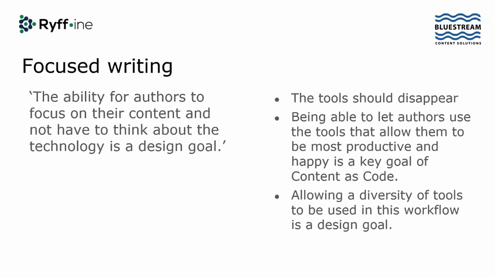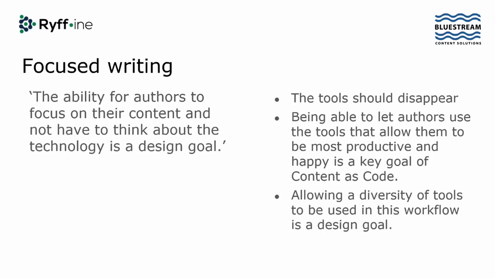We want to spend our time writing content and not dealing with the tools, and that's where the CMS actually has the advantage. If you do this right, the CMS is there to make writers more productive. It's there to make writers automate a lot of things that they would normally manually have to do. It's there to allow them to focus on writing, making sure that content is accurate, that content is consistent across the brand, that content is reusable, all the things that we want with our content.